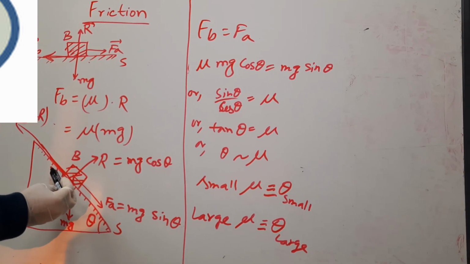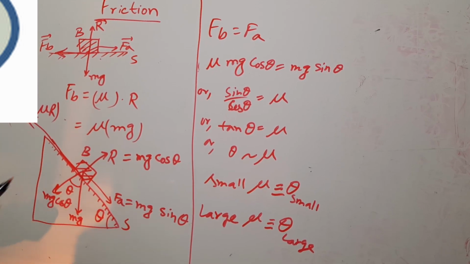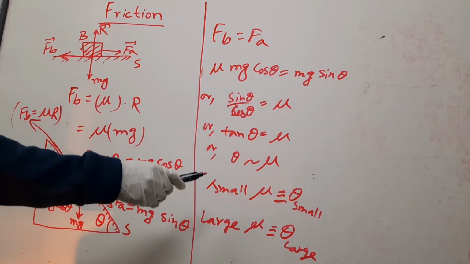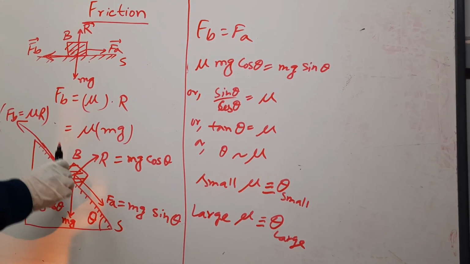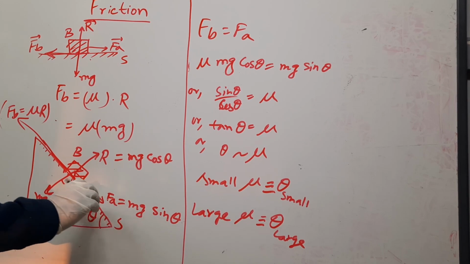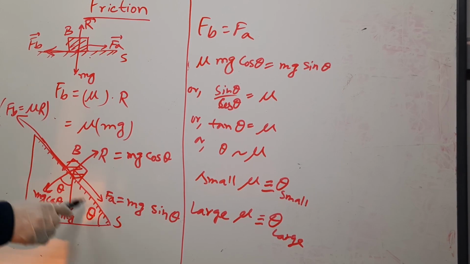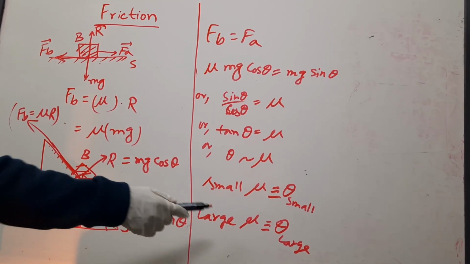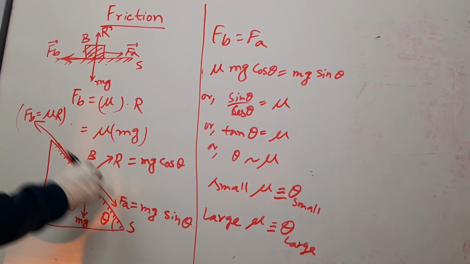The inclined angle will change based on the mu value, which depends on the surface roughness of the surface S. Experimentally, we need to see this from the experiment: if we change the surface roughness of the surface S, hence we change mu, then correspondingly there will be a change in theta needed to make the object slide down the inclined surface.